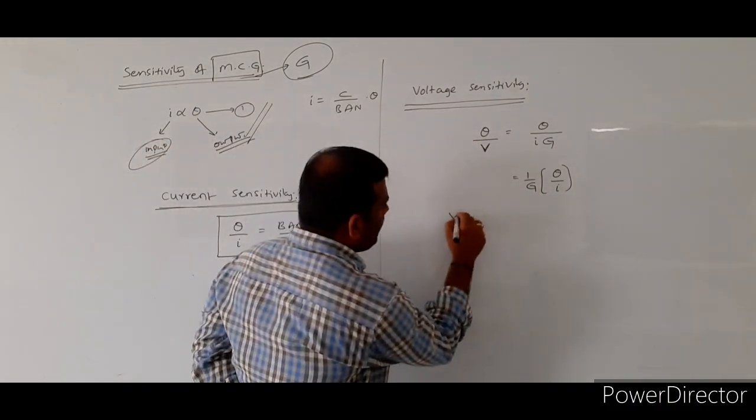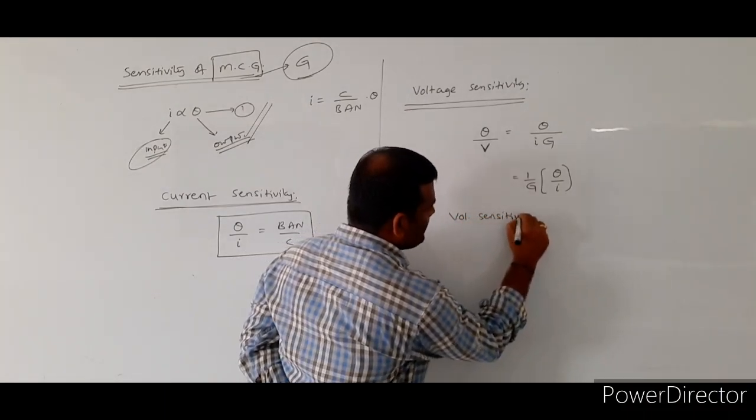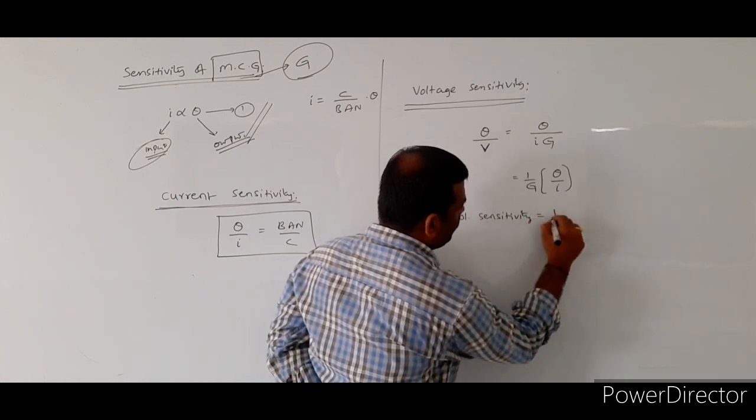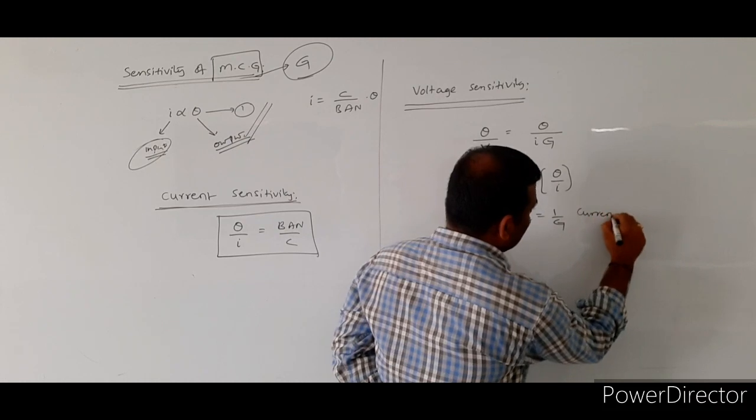So we will also write voltage sensitivity is equal to 1 by G into current sensitivity.